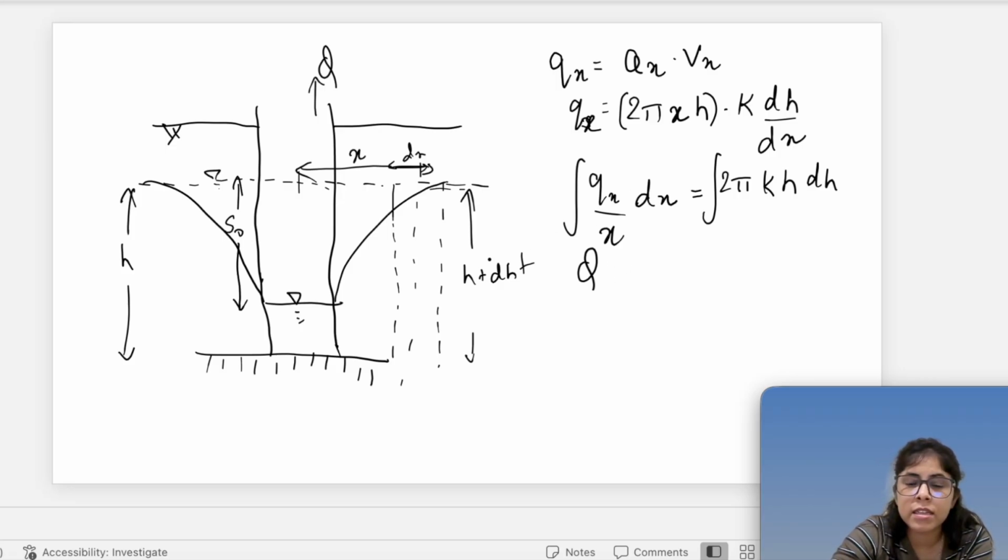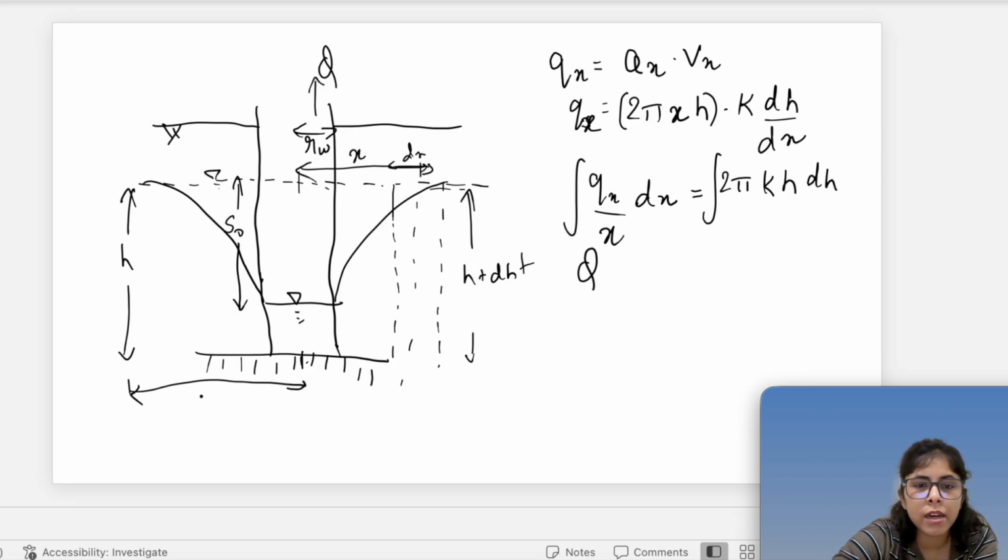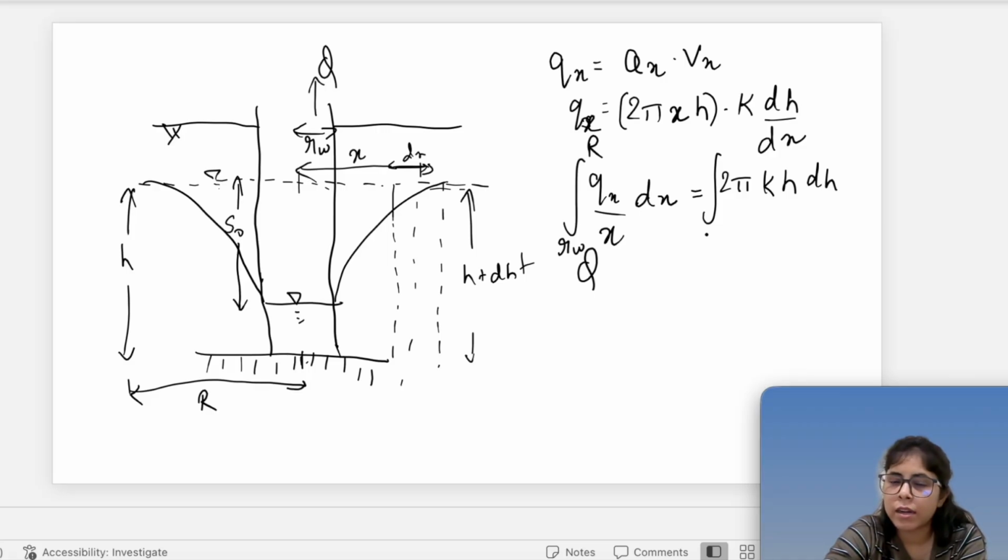Here x starts from r equal to rw, the radius of the well, to the total radius of influence, capital R. So we do it from rw to R, and for height, it goes from H naught, the initial height, to capital H.